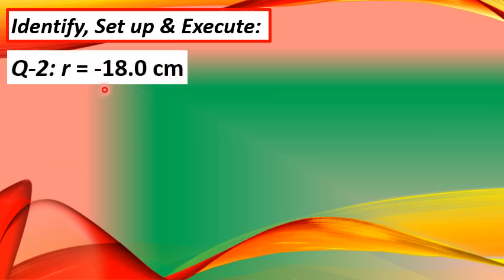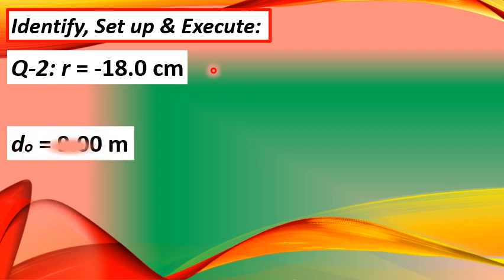For question number 2, the side mirror of the car is a convex mirror, and it has a radius of curvature r equals negative 18.0 centimeters. The object is another car 9.00 meters from the mirror. So the object distance do equals 9.00 meters.